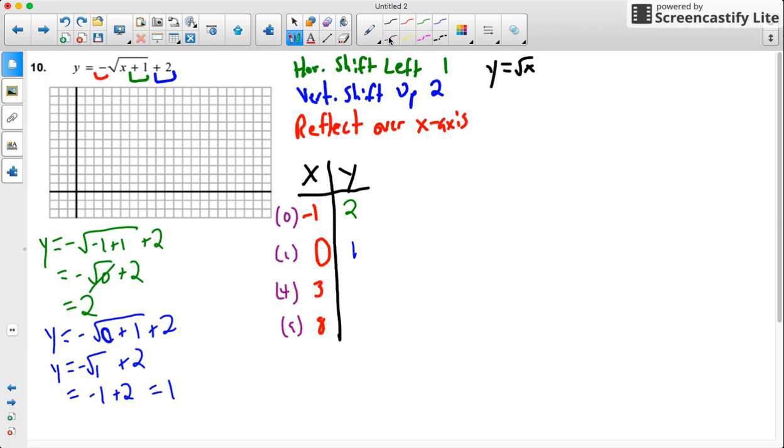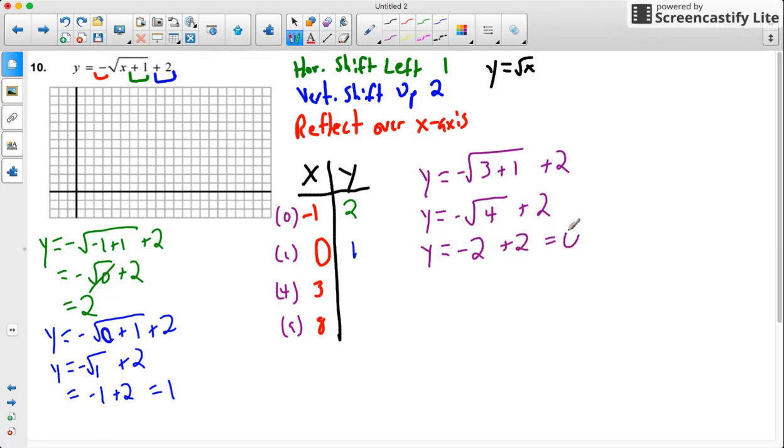Next up, let's do the next point. I've got y equals the negative square root of 3 plus 1, plus 2. So y equals the negative square root of 4 plus 2. The square root of 4 is 2, so this is negative 2 plus 2, which is equal to 0.